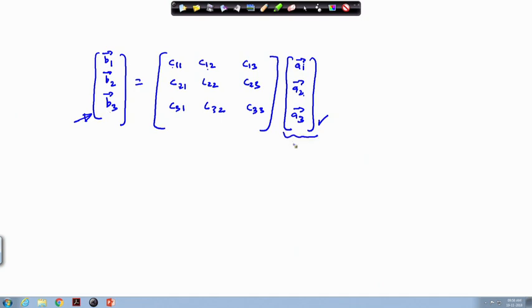If this consists of unit basis vectors, you will also get the unit basis vectors on the left hand side.